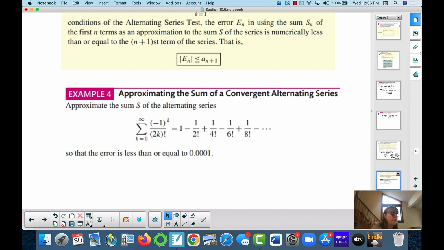To do that, we need to find which term is going to be less than this number. And that's this term right here. 1 over 8 factorial is the first term that is less than 0.001. All the terms before that are more than that.